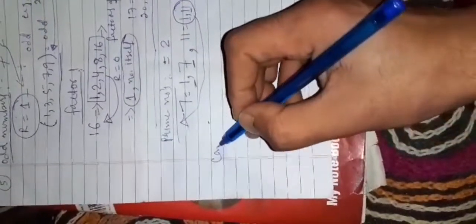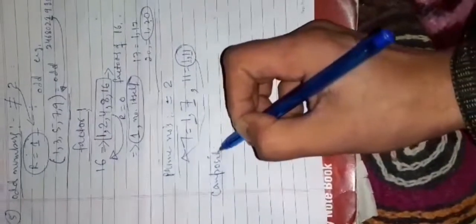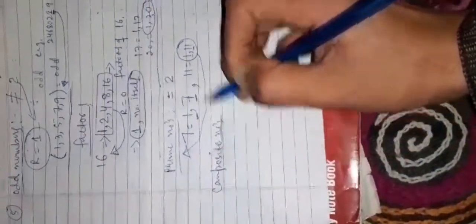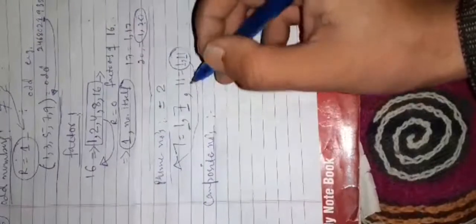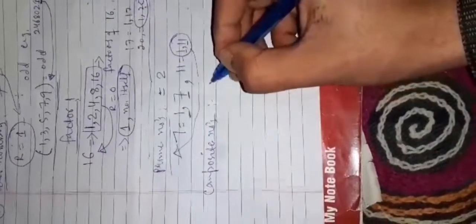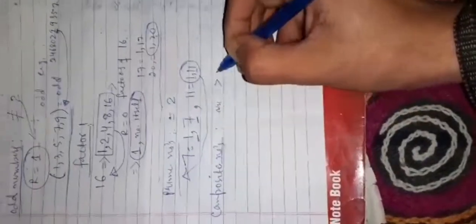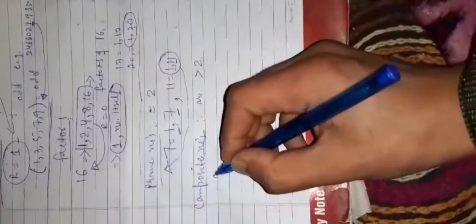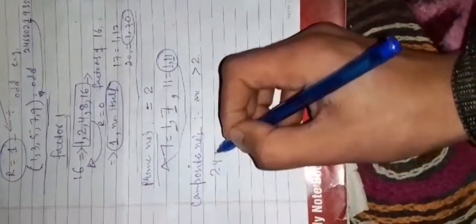Now, composite numbers. Composite numbers are those numbers in which the factors are more than 2. For example, 24.